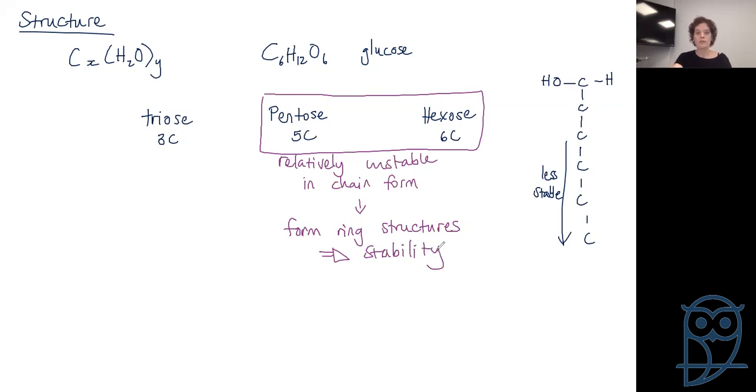I'm going to start another picture to talk about ring structures because I know I'm going to run out of space here. Right, so talking about ring structures now.